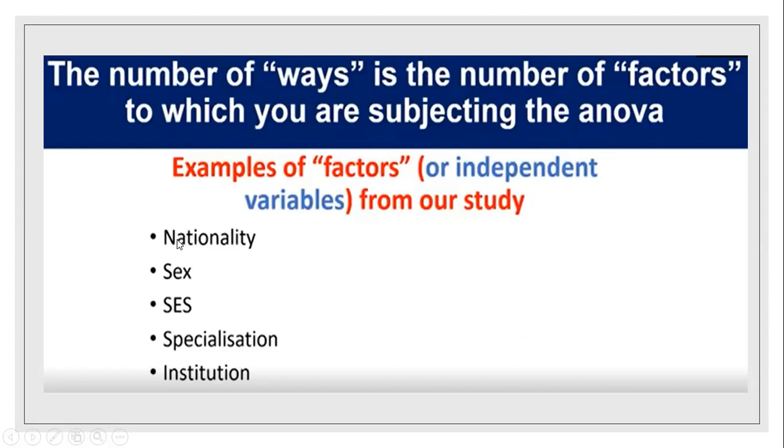But the moment you pick 2, maybe you pick nationality and you pick specialization, it means you are doing 2-way ANOVA. But the moment you pick 3, you are doing 3-way ANOVA. If you pick all of them, they are 5: 1, 2, 3, 4, 5. So it means you are doing 5-way ANOVA.